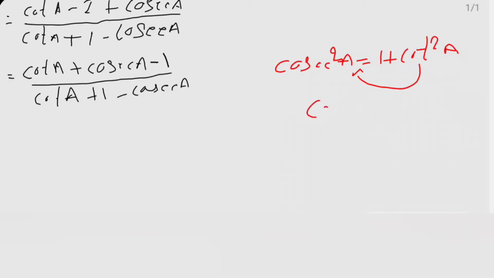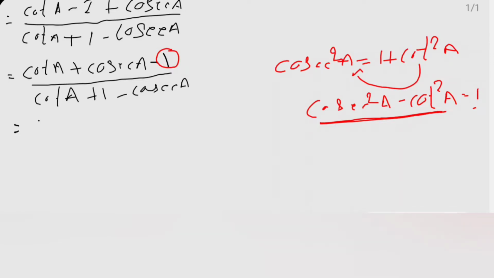So cosec square A minus cot square A is equal to 1. So instead of this 1 we can write cosec square A minus cot square A.